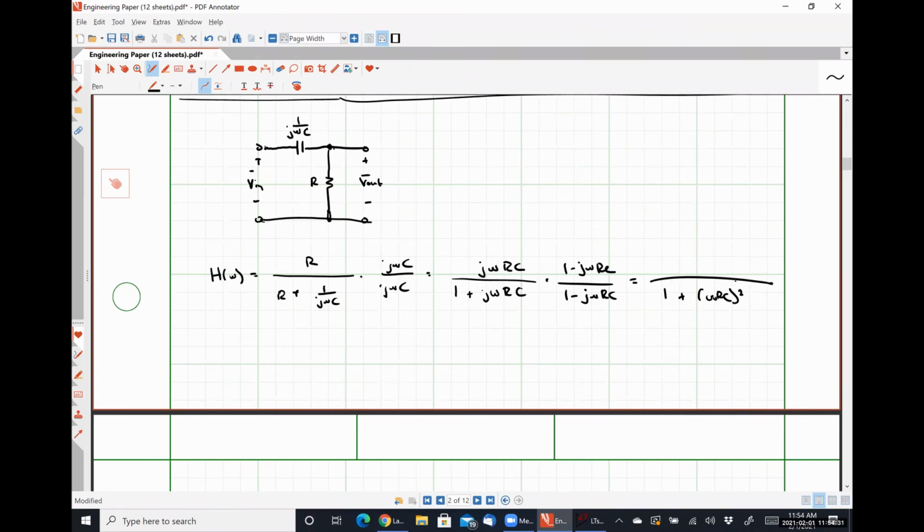And let's see, I'm going to have (omega RC) squared minus j omega RC, which I can split up as (omega RC) squared over 1 plus (omega RC) squared plus negative j omega RC divided by 1 plus (omega RC) squared.